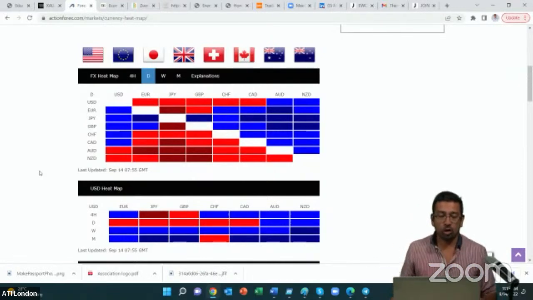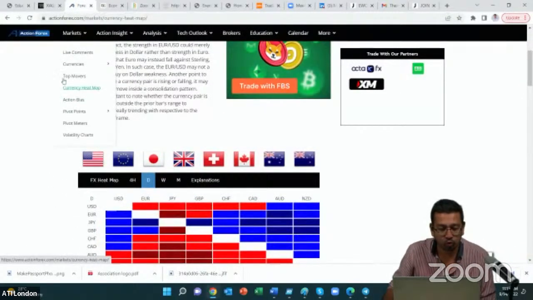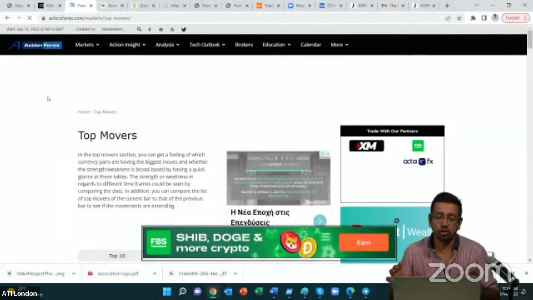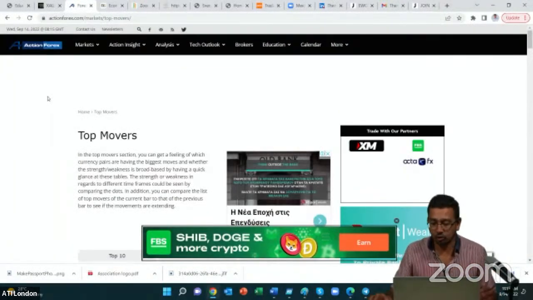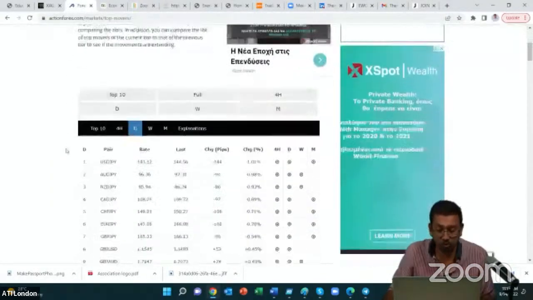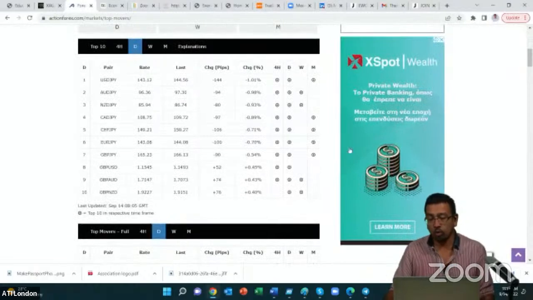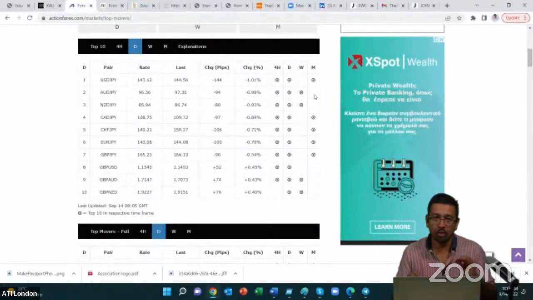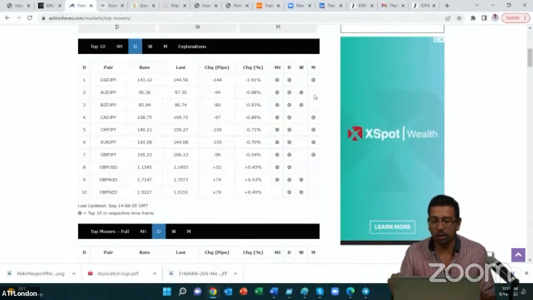Here, for example, we've got the heat map showing, but I like going on to the top movers first and then try to connect the dots and look at the connection between the heat map and the top 10 movers. Now, in the top 10 movers right here, we don't have 4 dots, so clarity of trend may be a little bit lacking. We need 4 dots on each pair that's highlighted there, then it would be giving us better clarity.